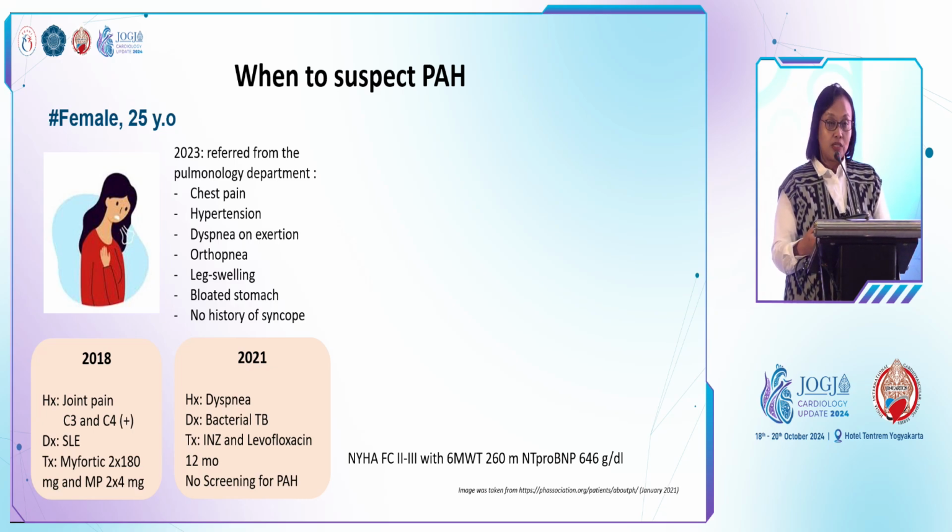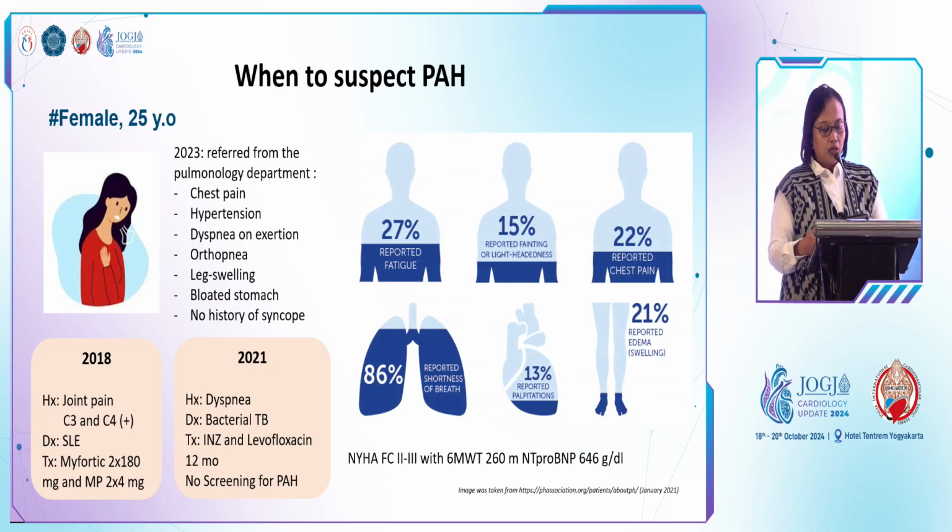And in 2021, she was treated for bacterial tuberculosis because of the dyspnea. The patient is NYHA functional class 2 to 3, with a 6-minute walking distance of only 260 and a quite high NT-proBNP level of 646.